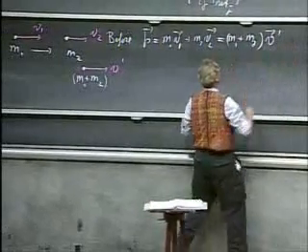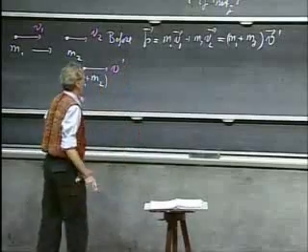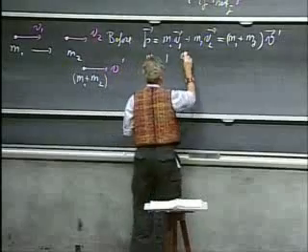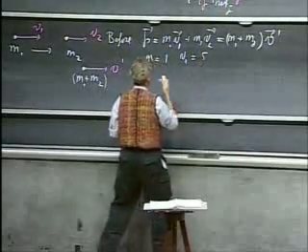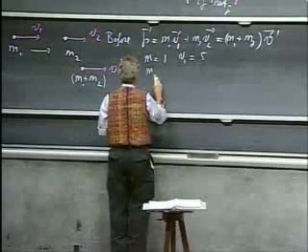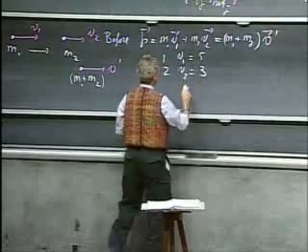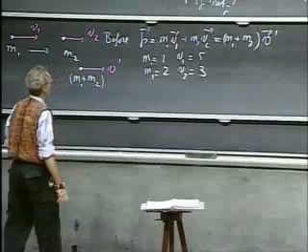times v prime. If we put in some numbers, suppose m1 equals 1 kilogram and v1 is 5 meters per second. Let m2 be 2 kilograms, and let v2 be 3 meters per second.